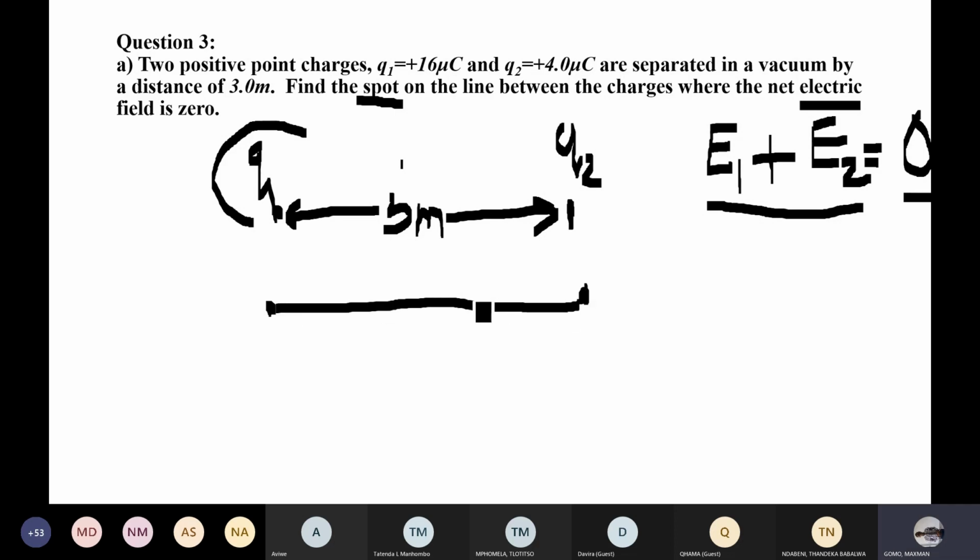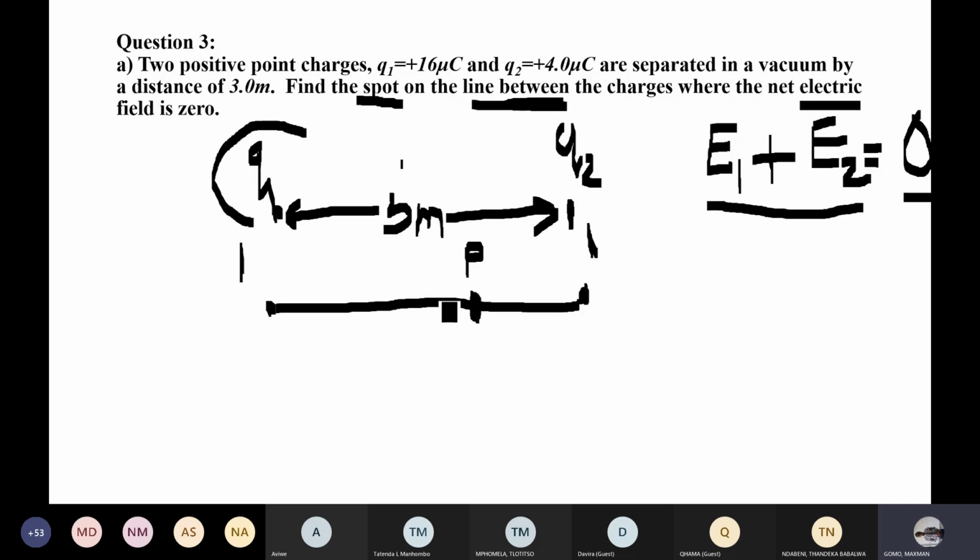So I want to mark a spot probably somewhere here. That's where I want to put my point charge. So I'm going to label this P, which simply means the point. You have got your Q1 here and you have got your Q2 here. So this is an assumption. You can simply put a point wherever you want, as long as it's within these two, as advised by the word between.